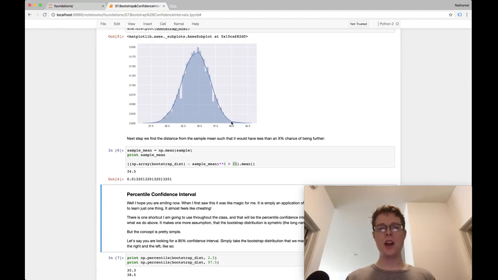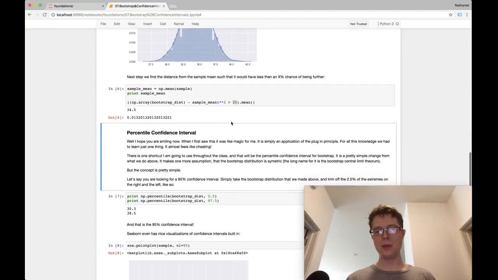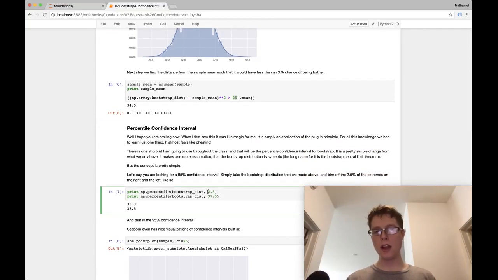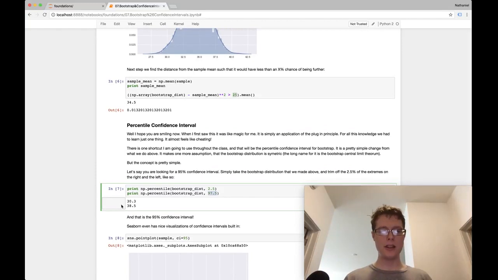So you take the bootstrap distribution, you trim off the 2.5% of the extreme events on the right, and we trim off 2.5% of the extreme events on the left, and lo and behold, you are left with a 100 minus 2.5 minus 2.5% confidence interval, aka a 95% confidence interval. So that's kind of cool. And this will automatically do the confidence interval for you. In this case, our confidence interval is 30.3 to 38.5.